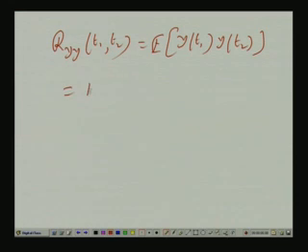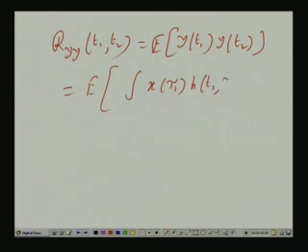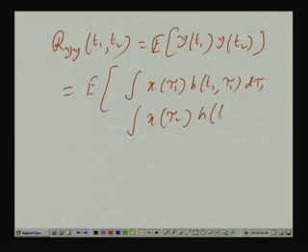Here simply replace by those expressions. y(t1), again in just the linear case, not necessarily time invariant, for that we will have x(tau1), and then here x of another variable tau2.